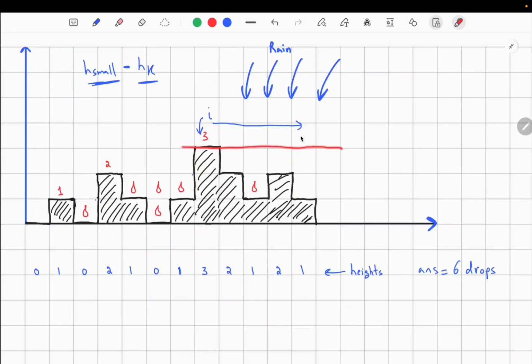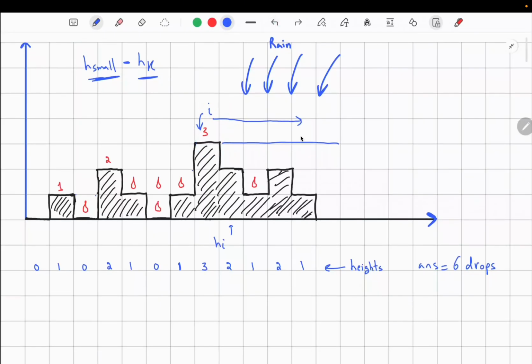So we cannot draw an imaginary line. Let me show you what I mean. If we now draw an imaginary line, even though we did not find any bar with a height equal or larger than this bar, and we try to calculate the amount of water that we can trap, the formula uses hi, the height at the smaller bar, which we assume is this one, because we did not find another bar that has a height equal or larger.